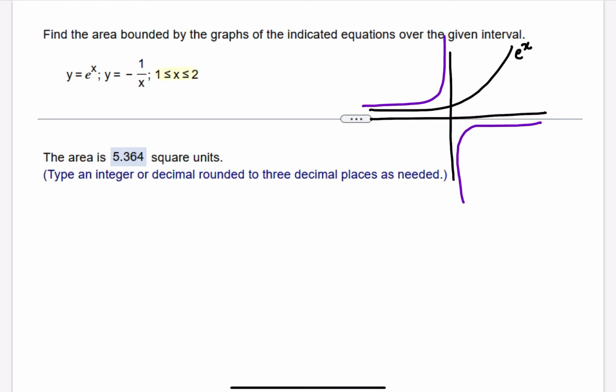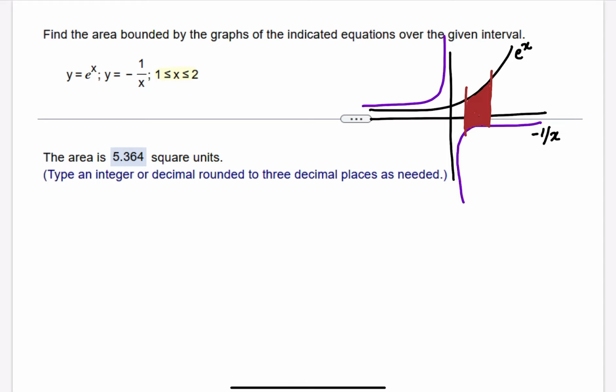What they're asking me is to give the area from 1 to 2. So this is the area that I'm trying to look for. Here I don't see any points of intersection. All I know is one is on the top and one is in the bottom, which is negative 1 over x. So let's just go ahead and do it.